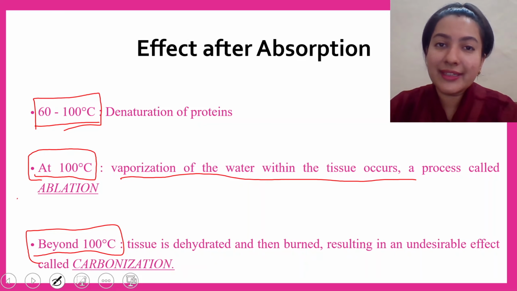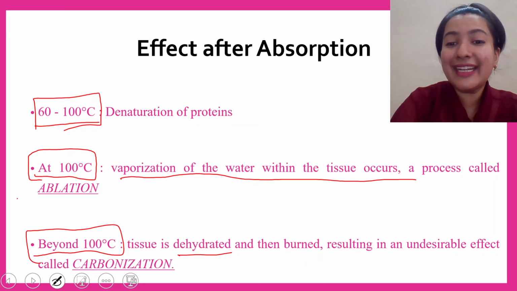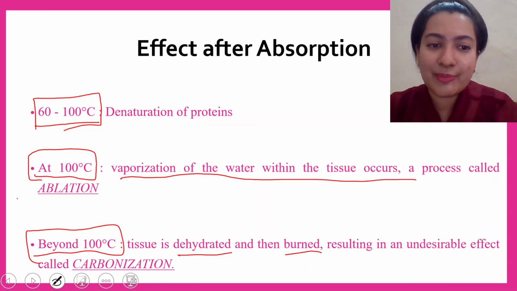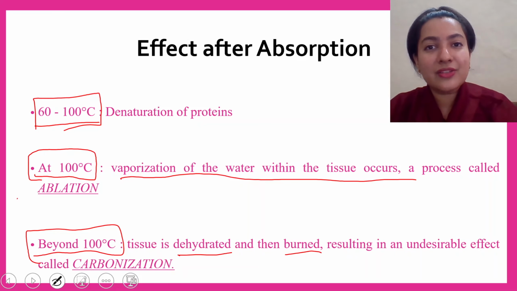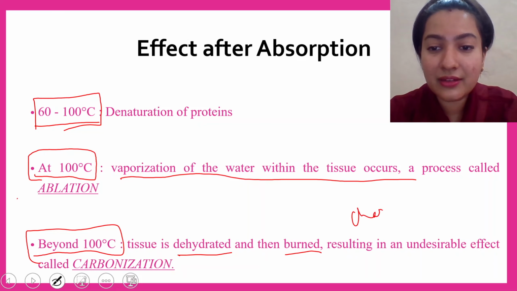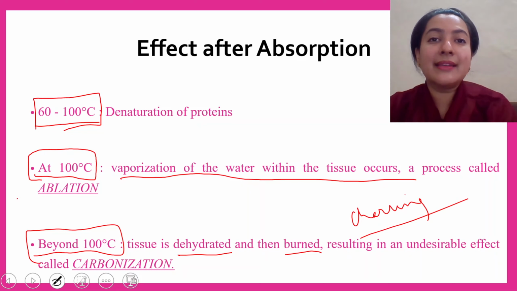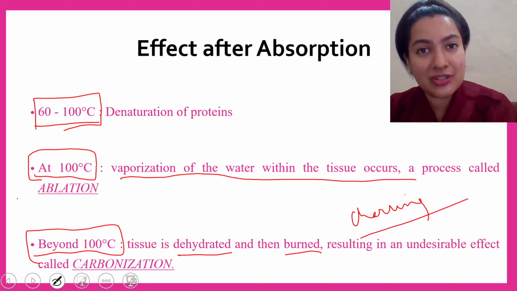If I continue giving that much heat, the tissue finally dehydrates and then it is burnt, resulting in an undesirable effect known as carbonization. The tissue gets charred. This is another terminology you need to remember: charring of tissues. It happens when the laser light points onto the tissue and the temperature reaches beyond 100 degrees Celsius.